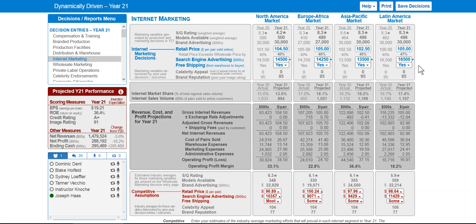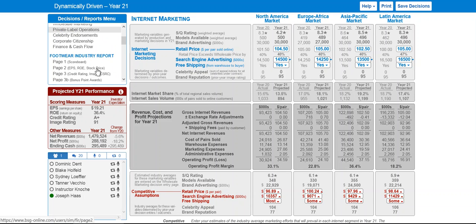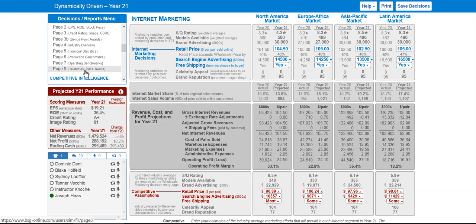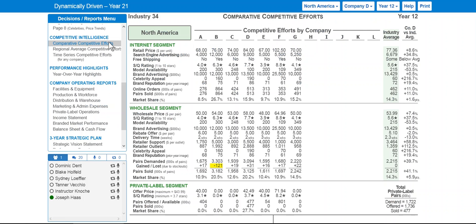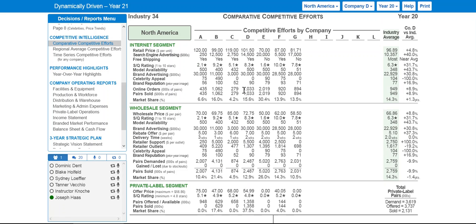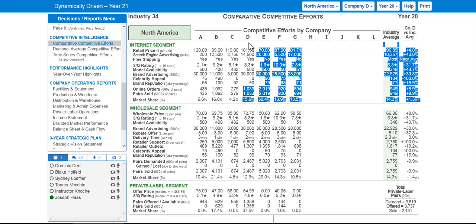Again, we were trying to eat into Company B and their profits, which actually worked, because if you see here that's year 12, but if you go to year 20, we actually did pretty well.